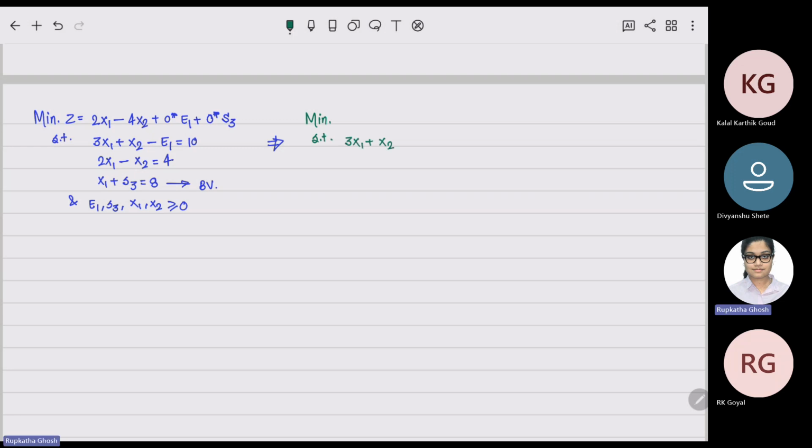Subject to 3x1 plus x2 minus E1 plus A1 is equal to 10, and 2x1 minus x2 plus A2 is equal to 4. The third constraint remains the same because it has a basic variable, and my objective function becomes 2x1 minus 4x2 plus 0 into E1 plus 0 into S3, plus, since this is an artificial variable, you give a coefficient of M, MA1.